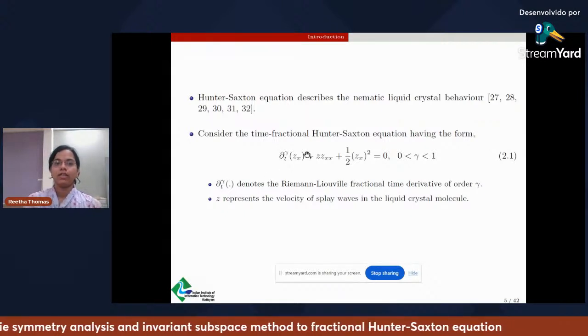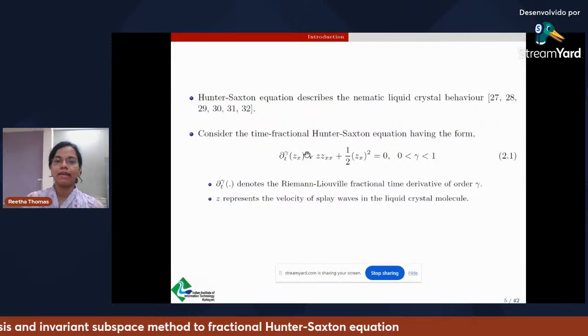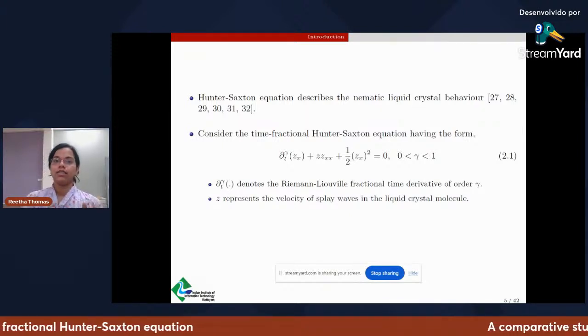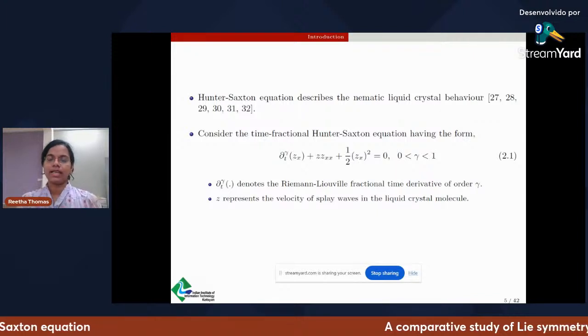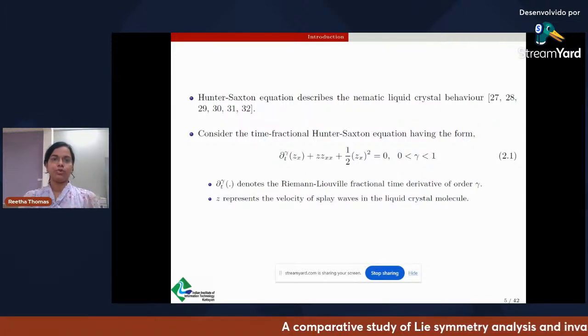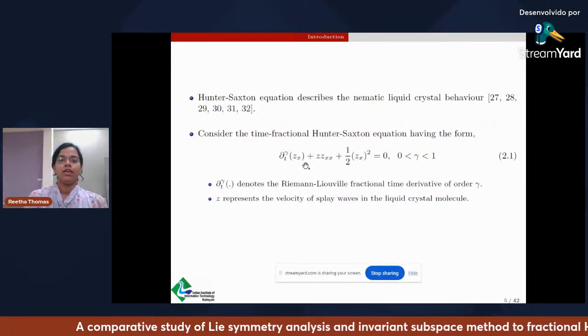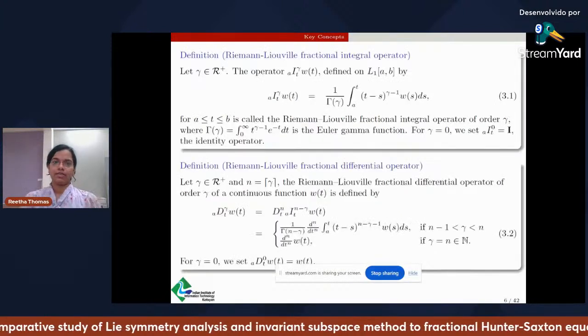Here the dependent variable z represents the splay wave propagation. We consider two analytical techniques, Lie symmetry analysis and invariant subspace method, to find the exact solution of this Hunter-Saxton equation with Riemann-Leibniz fractional derivative.